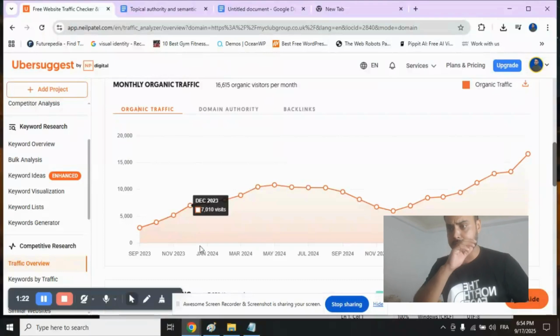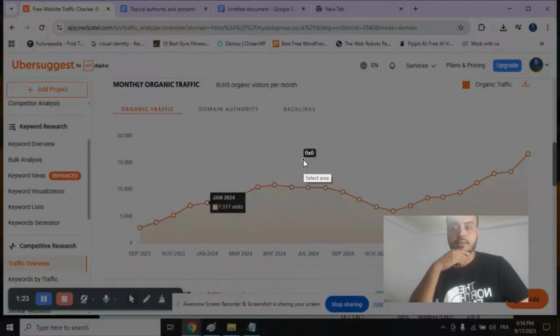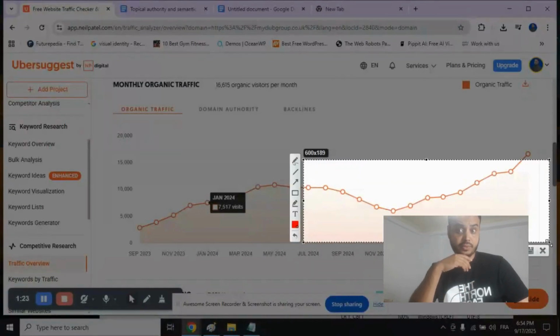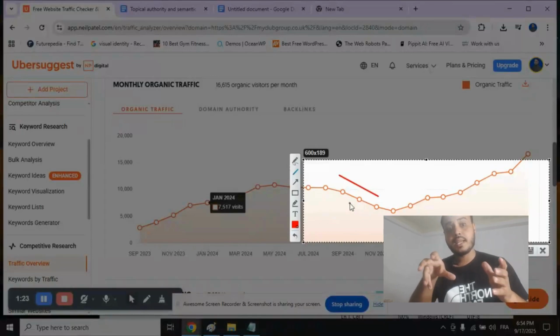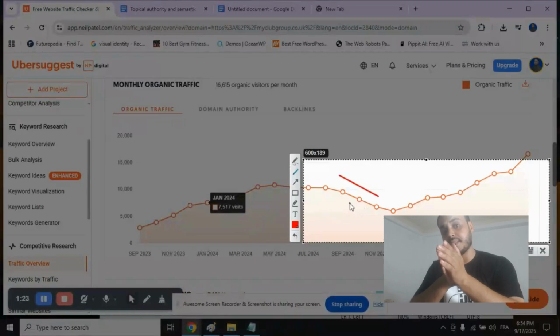So you can see, guys, here I started working with this project between September and July. You can see there is a little bit of a drop of traffic. This is because of the different sections and modifications that we have been doing.